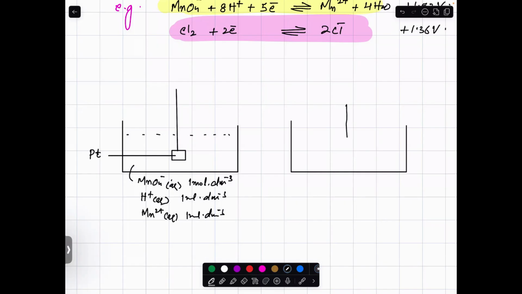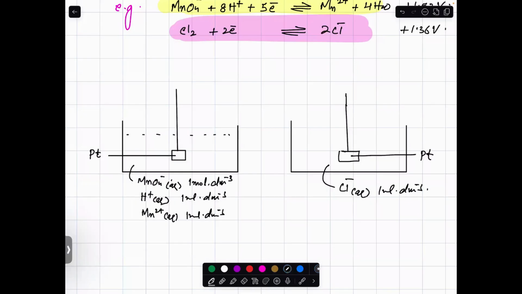The other half cell is having chlorine gas. So what are you supposed to do? The glass bell. This is again platinum. And there is this chloride aqueous, 1 mole per dm cube.